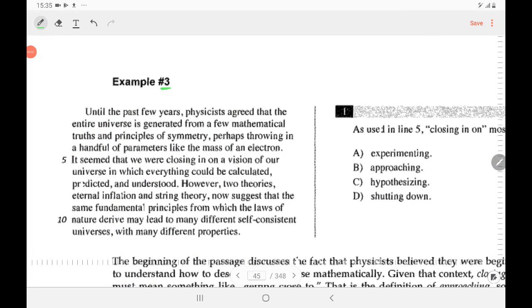Example 3. Until the past few years, physicists agreed that the entire universe is generated from a few mathematical truths and principles of symmetry, perhaps throwing in a handful of parameters like the mass of an electron. Okay, let's explain. Until the past few years, a physicist is the person who works in the field of physics.